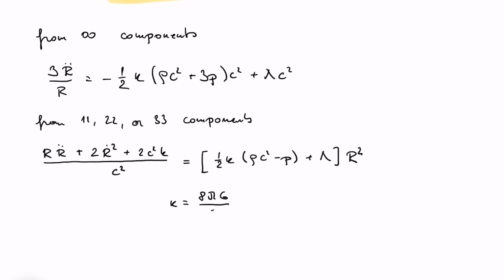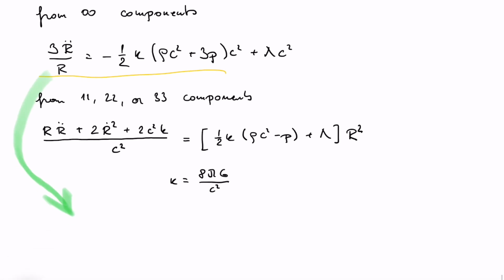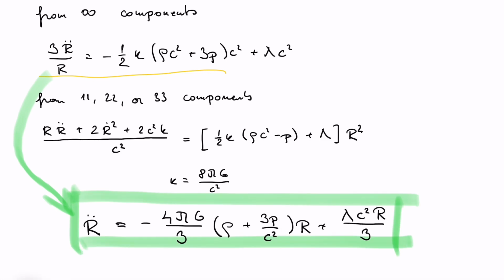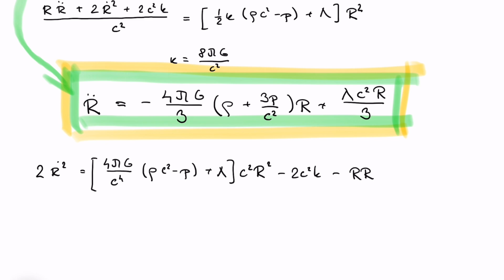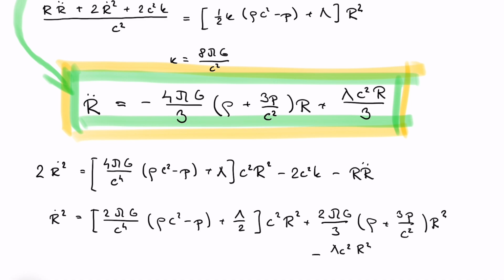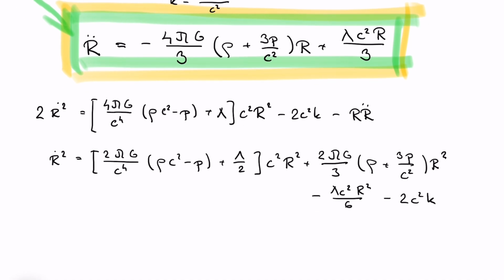We insert for kappa. From the first equation, we express r double dot. And in the second equation, we insert for r double dot and express r dot squared. The pressure cancels out and we collect the other terms.